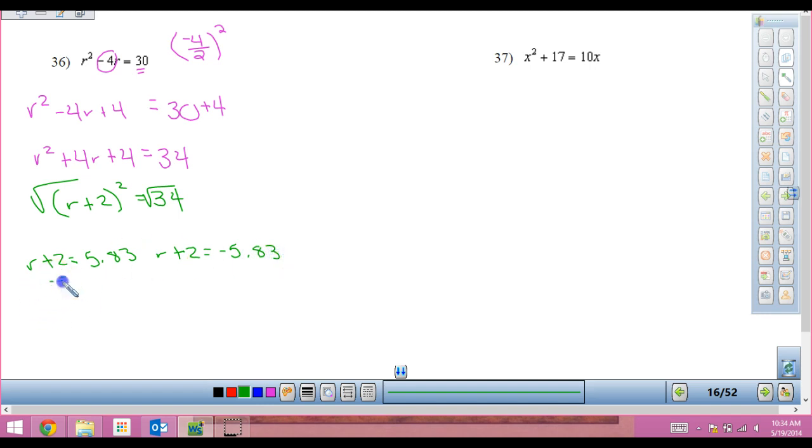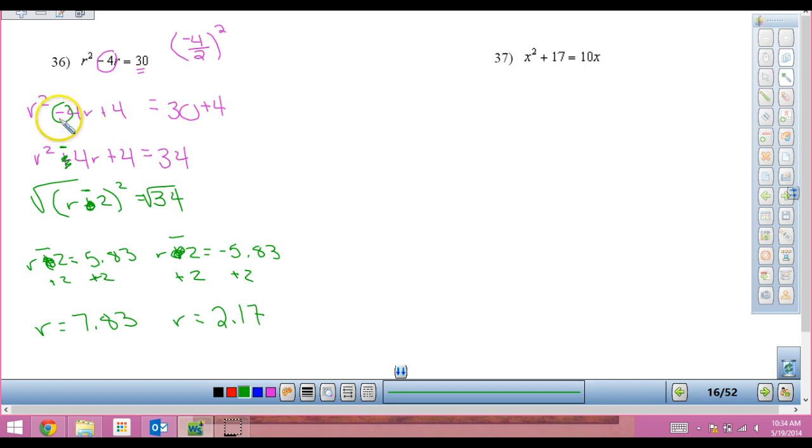So we get, subtract our 2, r equals, ooh, sorry guys, this should be a minus sign. So this should be a minus sign, which makes this a minus sign. Sorry. So this is a minus, and this is a minus, which means we add 2 in order to solve our equation. So r equals 7.83, and r equals 2.17 when you add that.